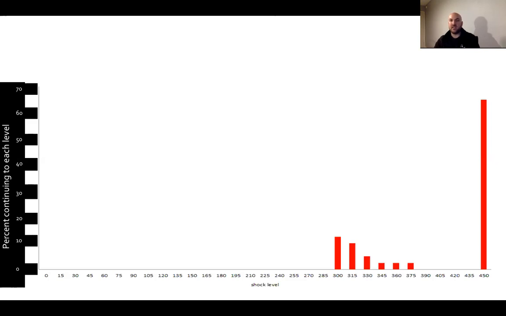Even Americans at Yale University, from the local community, the vast majority of people, 65% of people will shock another human being to 450 volts just because a man in a white lab coat said that the experiment required them to continue. That's terrifying. That is the power of the situation on people.